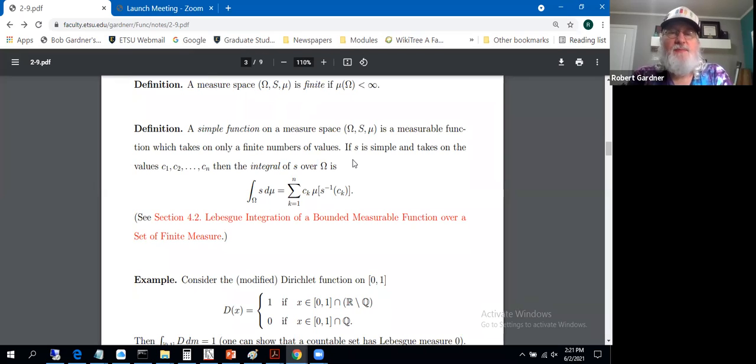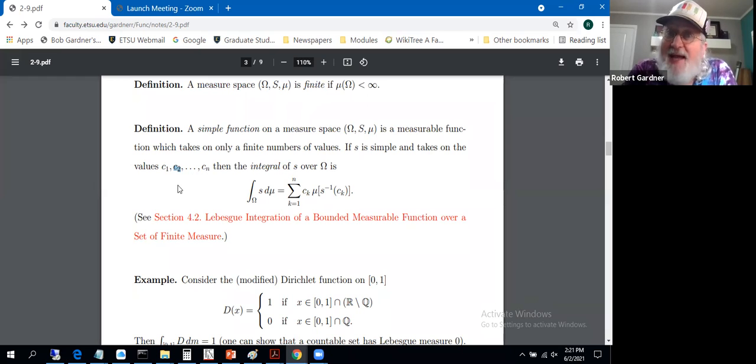So this function must be constant on certain sets. Suppose the function takes on the values c1 through c sub n. Then there's a set of input values on which this function takes on the value c1, there's a set of input values on which this function takes on the value c sub 2, and so forth.